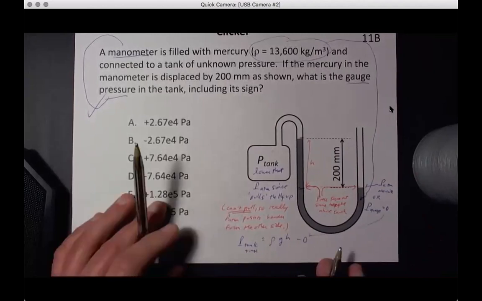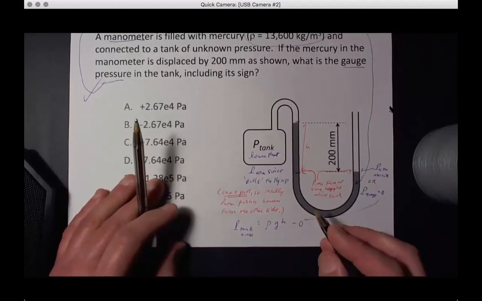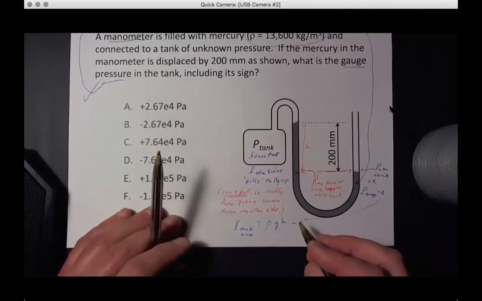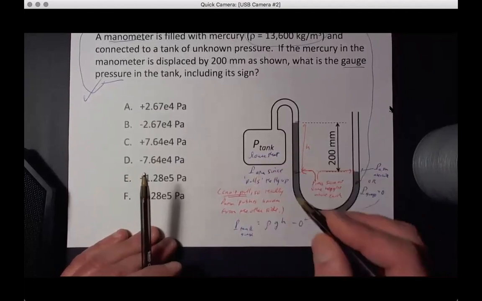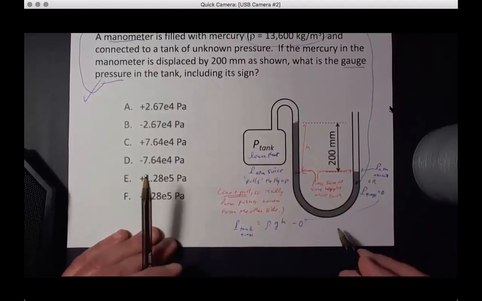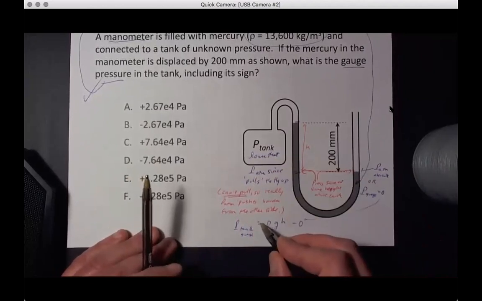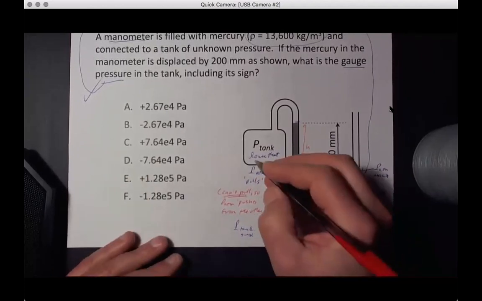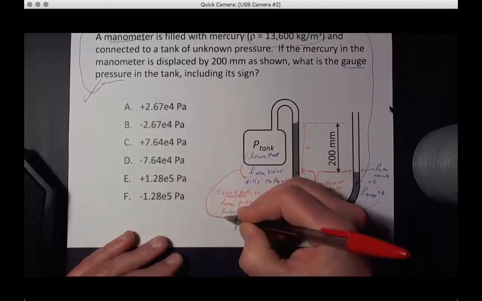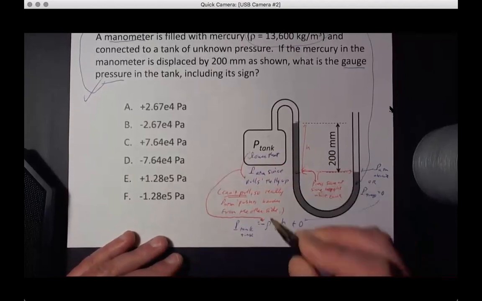And we know that it's negative because it's lower than the atmosphere.